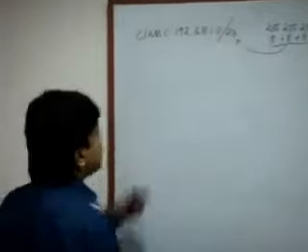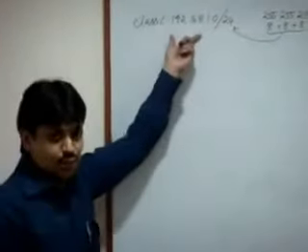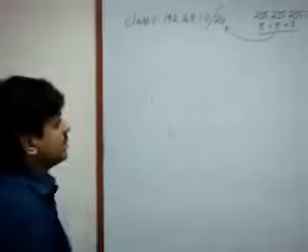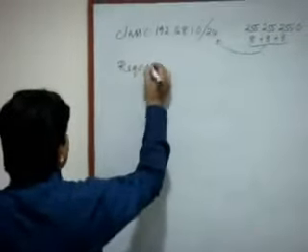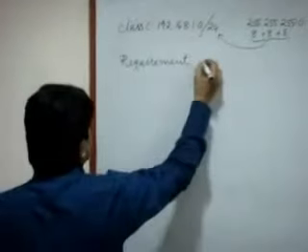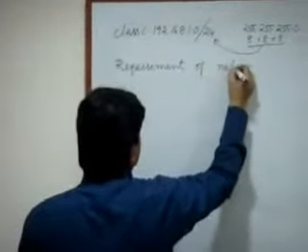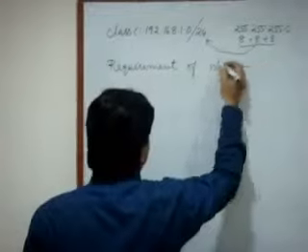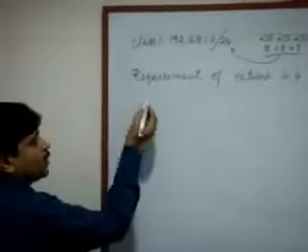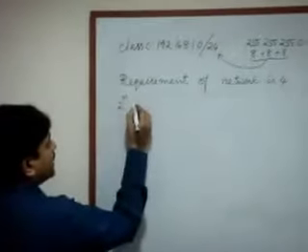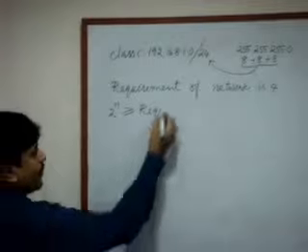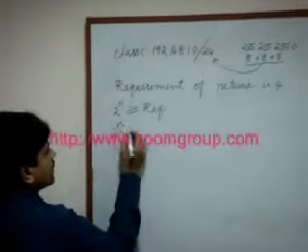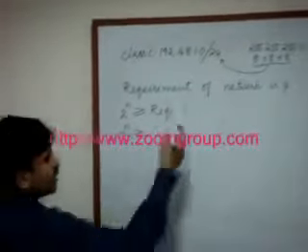Now in this, I am dividing this network into 4 subnetworks, so the requirement of subnets is 4. We have a formula for calculating subnets: 2 power n greater than or equal to the requirement.